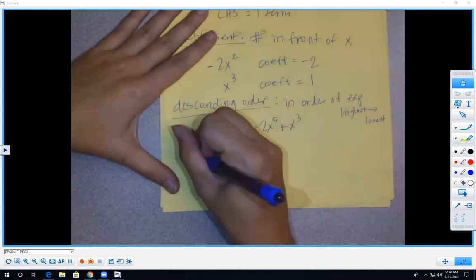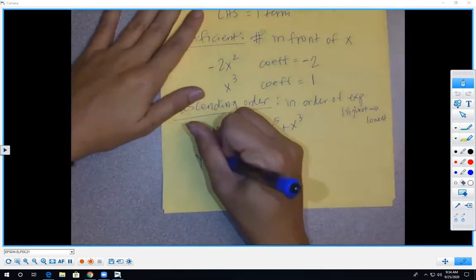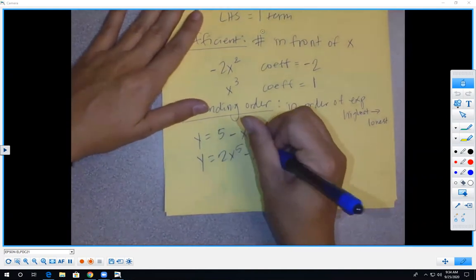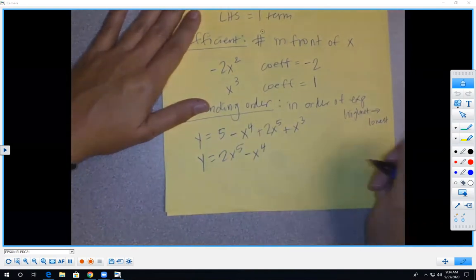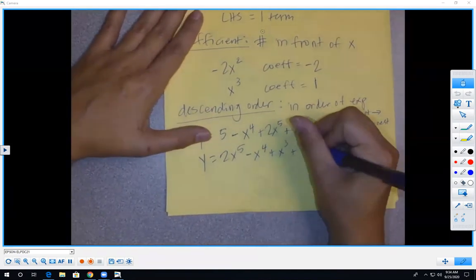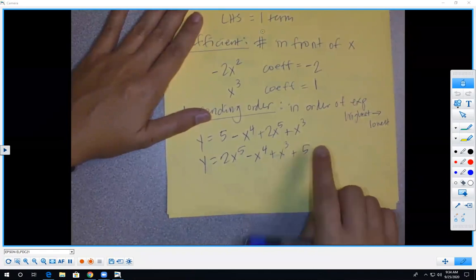What's the highest exponent here? 5. So 2x to the 5th comes first. What's going to be next? Negative x to the 4th. What's next? Plus x to the 3rd. And then plus 5. That's descending order, because my exponents are 5, 4, 3, and then that one doesn't have an exponent.